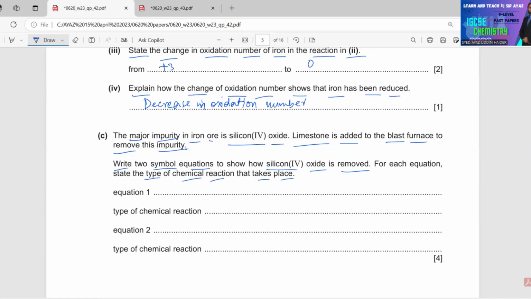Here we have added limestone, which produces the basic oxide, calcium oxide. So the equation must be CaCO3 gives CaO, which is calcium oxide, plus CO2. This is a decomposition reaction. It's actually thermal decomposition because it takes place at high temperature.